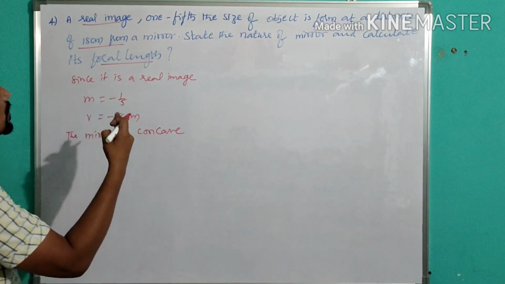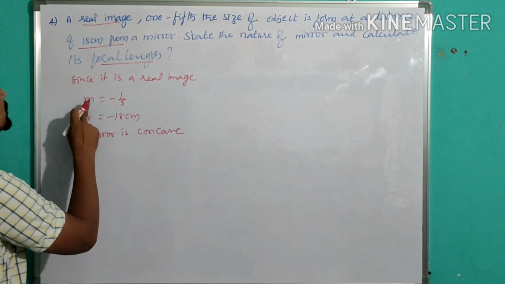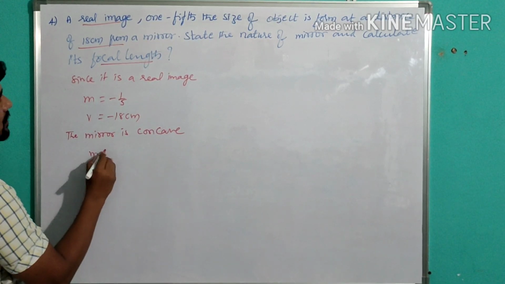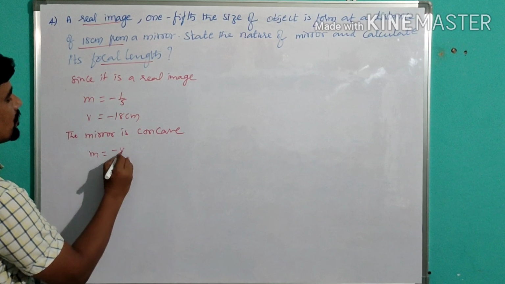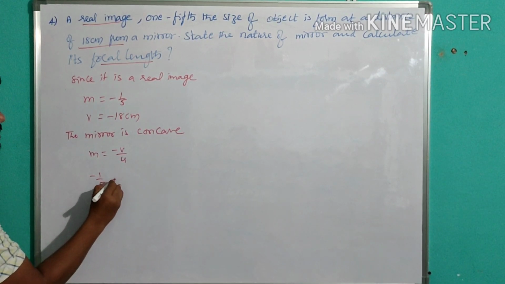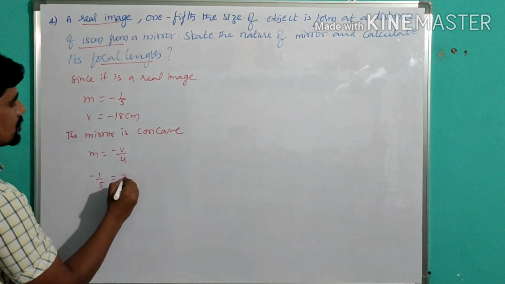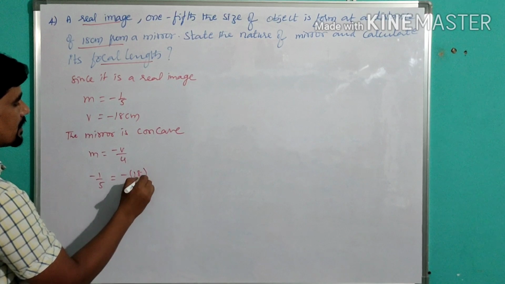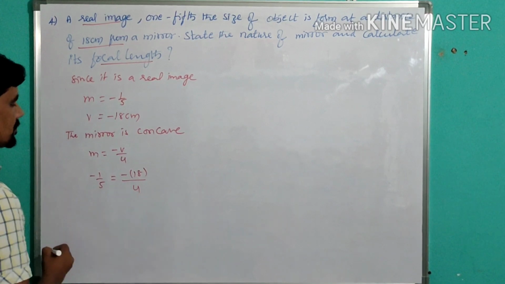Now, if we want to find the focal length, we must know v and u. V is there, u is not given. So by using M, we can find the u value. We know the magnification formula, M equals minus v by u. M value is minus 1 by 5, v value is minus 18, u we don't know.